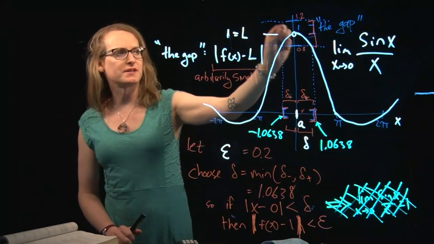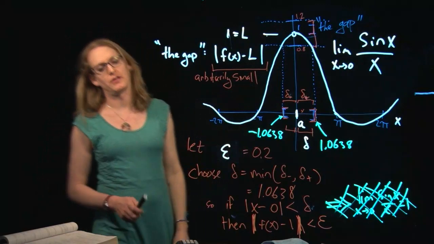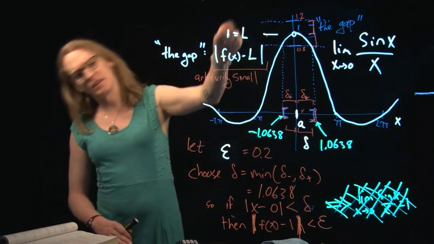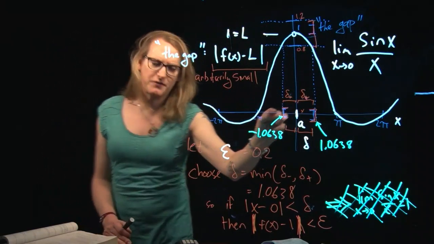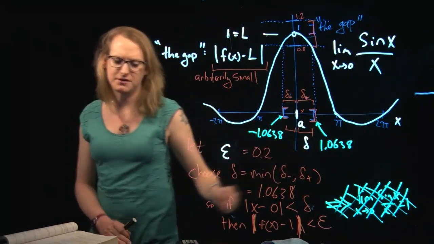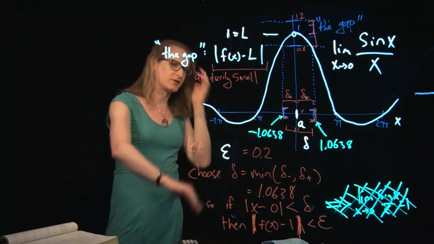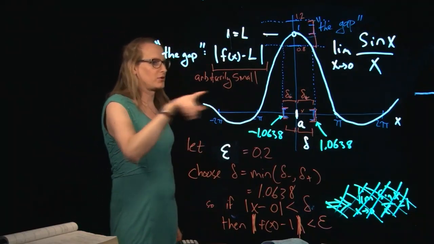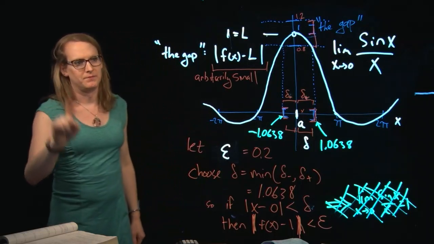You can always squeeze the function values into the gap if you just find a small enough delta. And that's what it means for the limit of sine of x over x as x approaches 0 to equal 1. It's been satisfied.